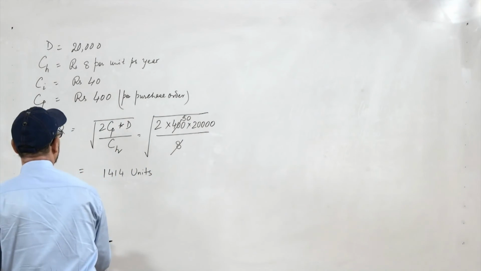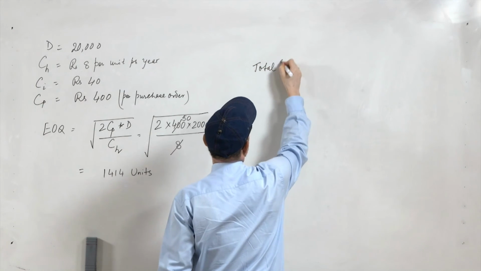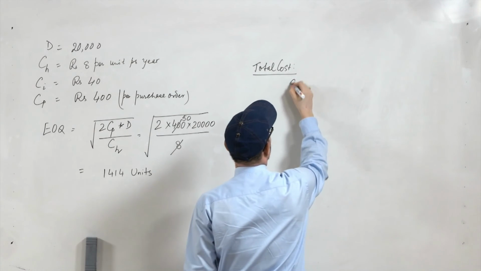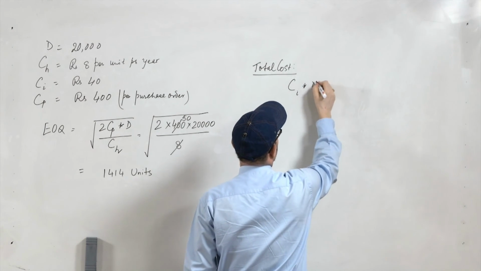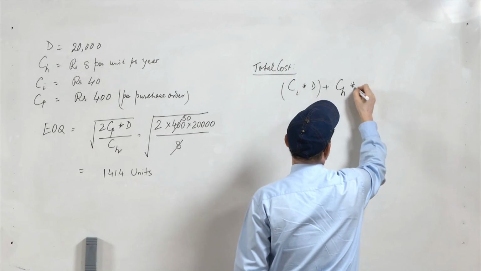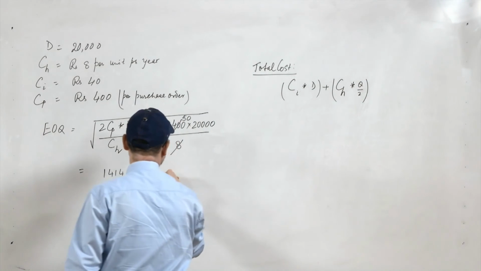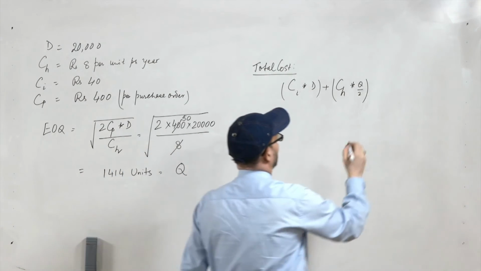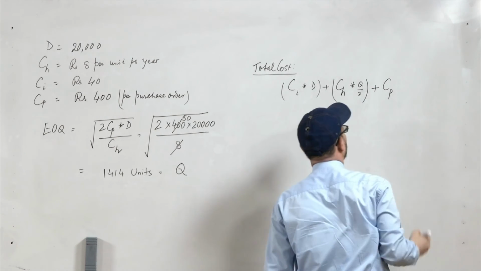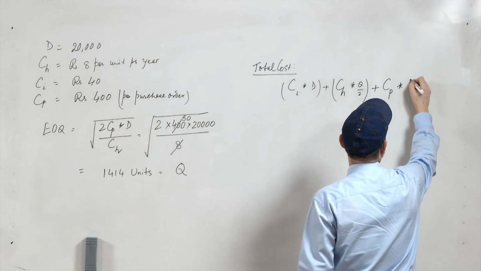Corresponding to this, if we have to find the total cost, the expression is Ci times D plus the cost of holding times Q by 2, where this is your Q, plus the cost of purchasing per purchase order times D by Q.